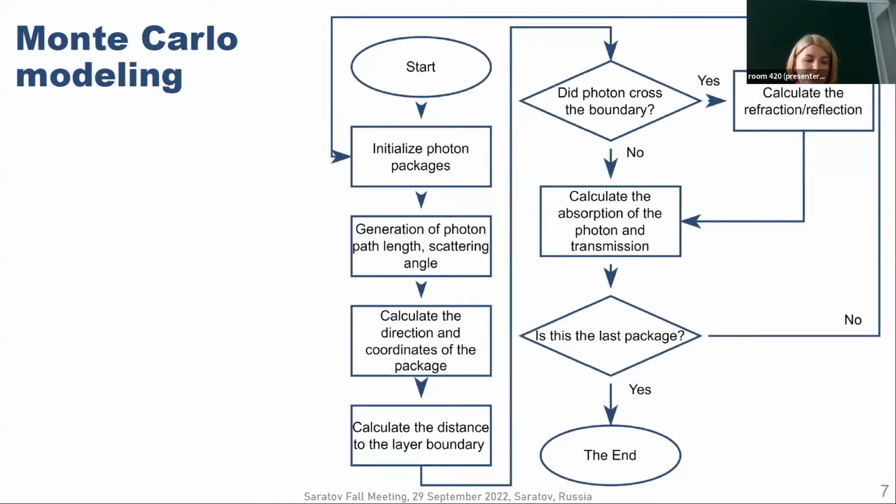A generalized model of the Monte Carlo simulation procedure is presented here on the slide. In this generalized model, light transport in tissue is modeled by tracking the random steps which a photon packet undergoes while it moves in the tissue model.